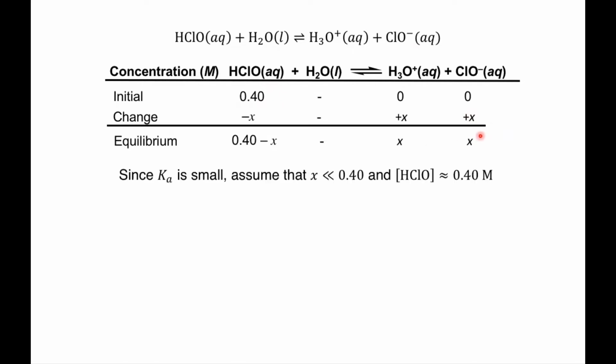So since we assume that x is going to be much less than the initial concentration of our hypochlorous acid, then we assume that the equilibrium concentration of hypochlorous acid is the same as the initial, i.e. it is 0.40 molar.